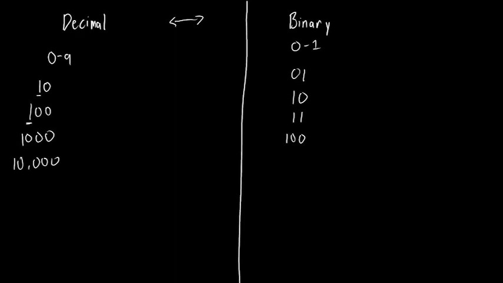So how will this help us in today's lesson? Let's say we have the binary code 1 0 1 1. How will we convert this into its base 10 or decimal form?